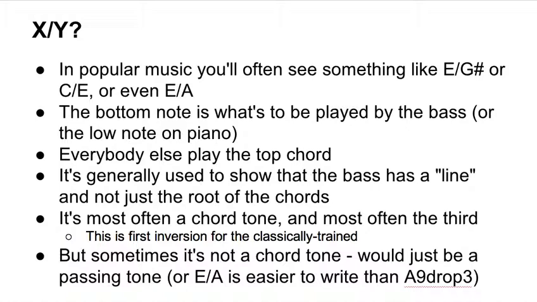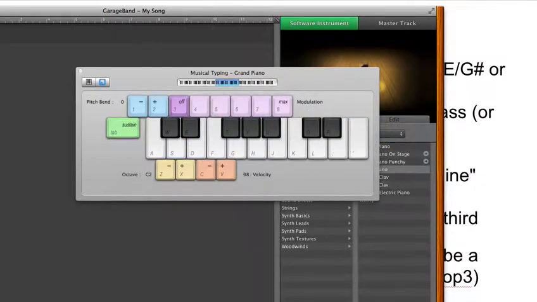So in that E over G sharp example, if you're in the key of E, then maybe you would have a B chord, followed by an A chord, followed by an E chord. And if you played B, A, and E on a bass, then that's a second and then a fourth down. If you change that E to a G sharp, which is still in the chord, now you've got a walking pattern on the bass.